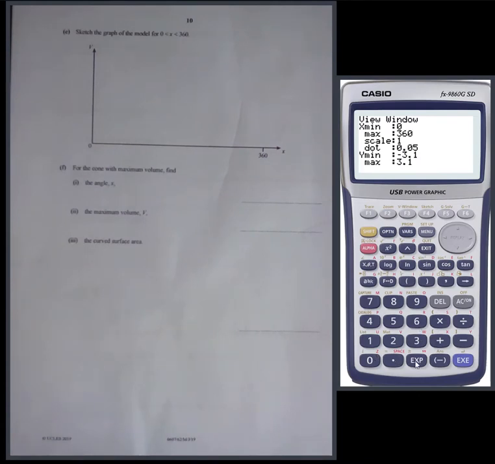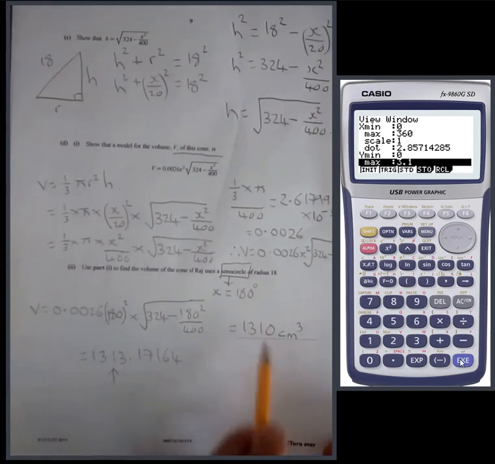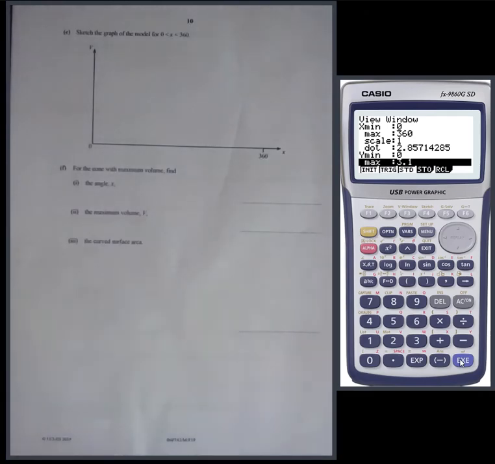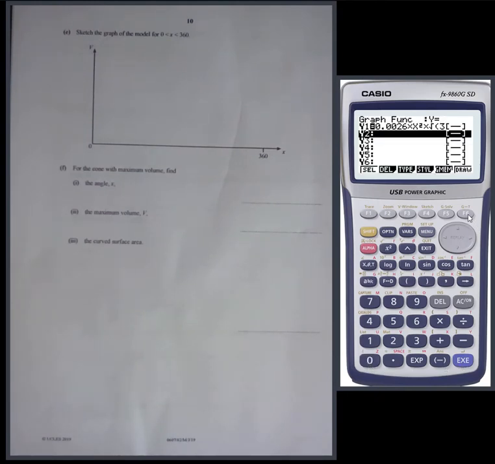And y min I definitely want to be 0. And remember what I just said, we know that we need to go up to at least 1310, so maybe I'm going to go up to 1500. If we haven't got all the graph in, we'll just come back and change the window.